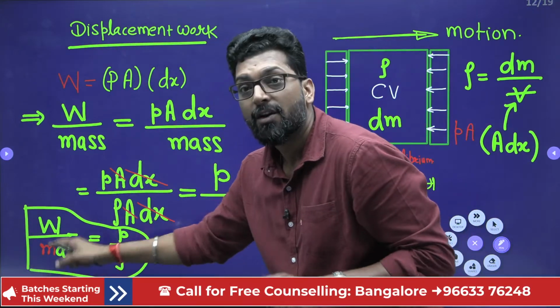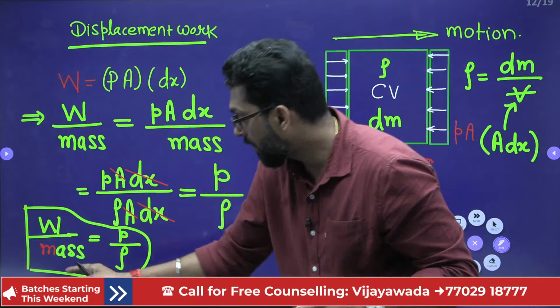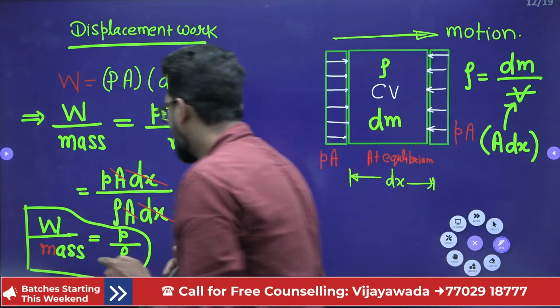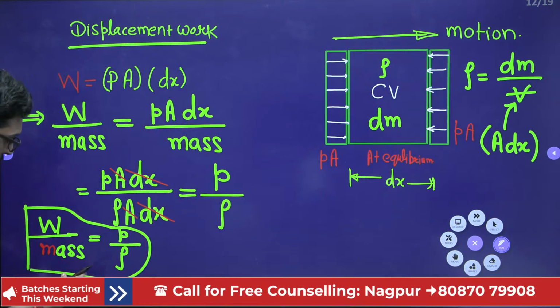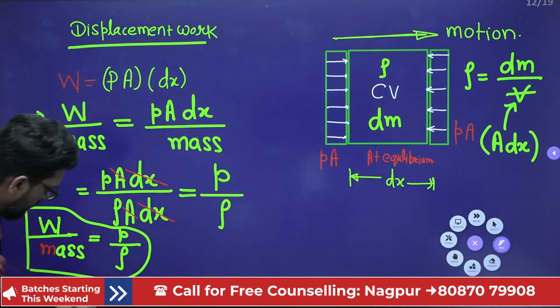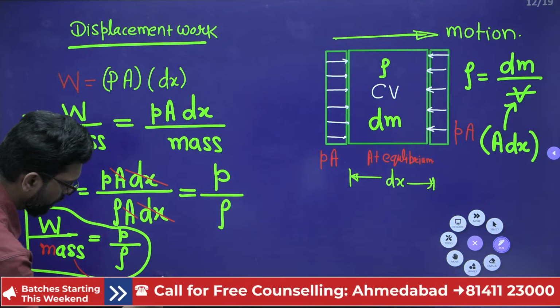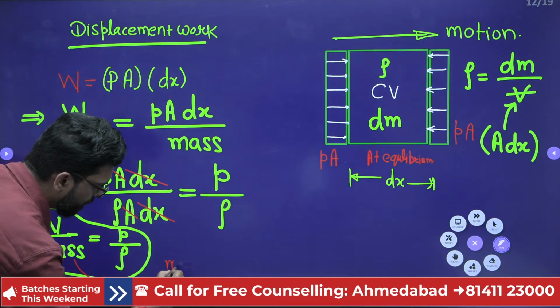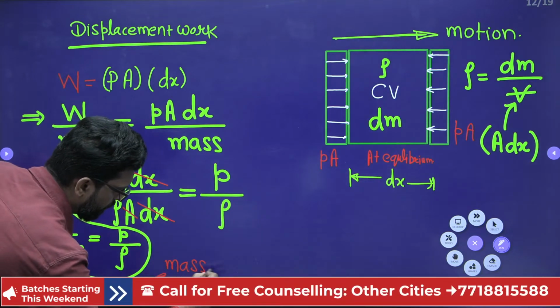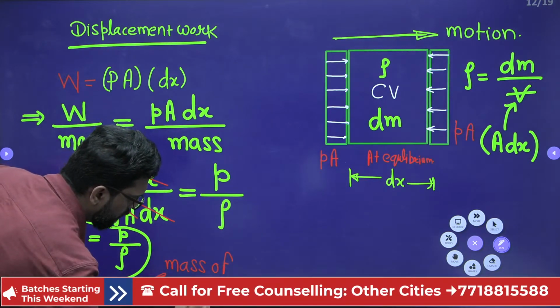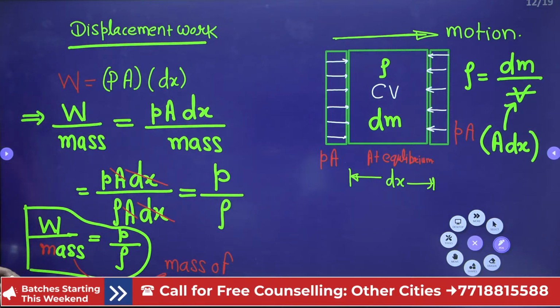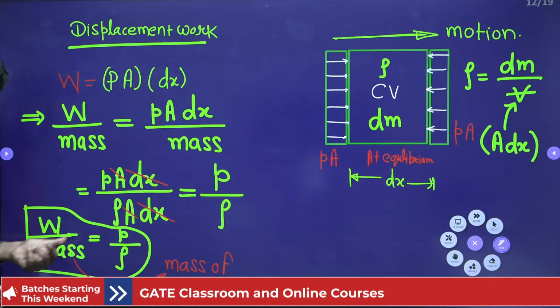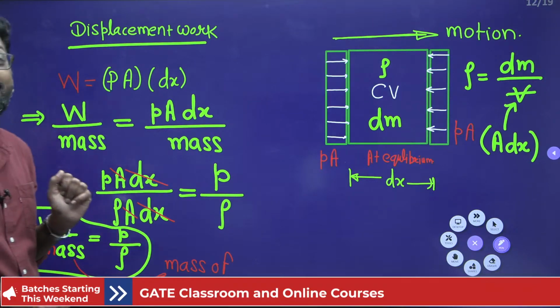And what is the mass? That mass is the mass of the control volume. Very important, I'm telling you. This is the mass of the control volume. So work per unit mass is the pressure by density. This is very important.